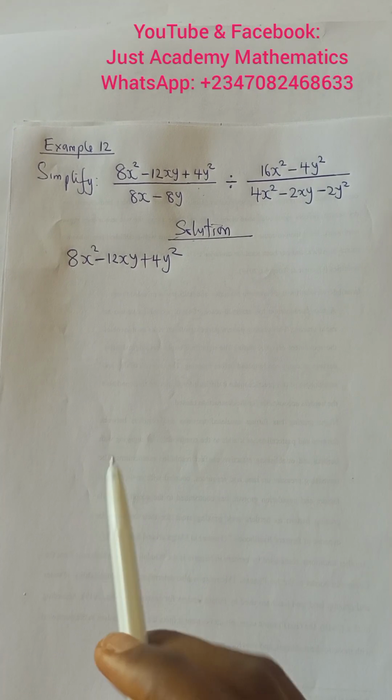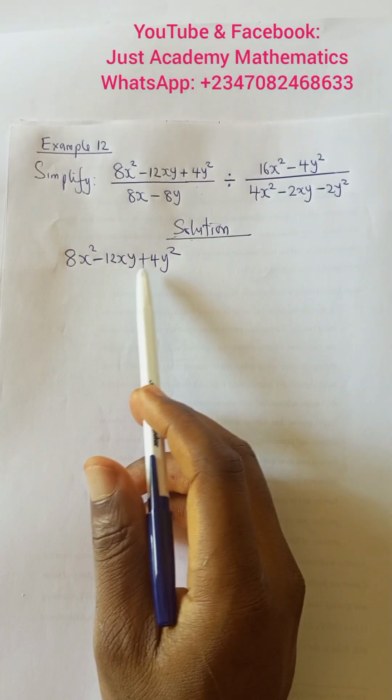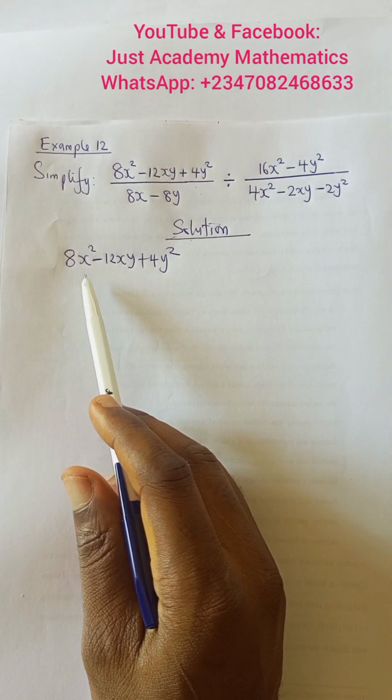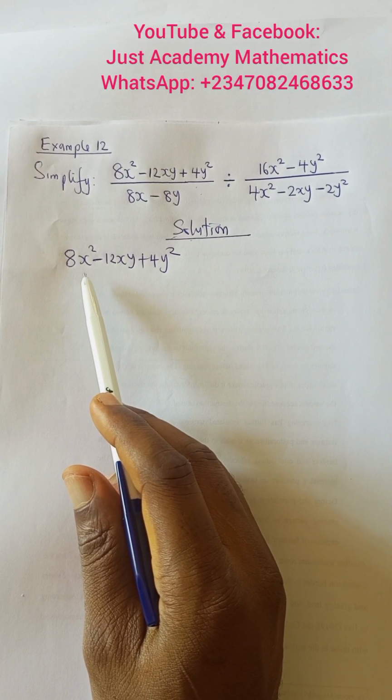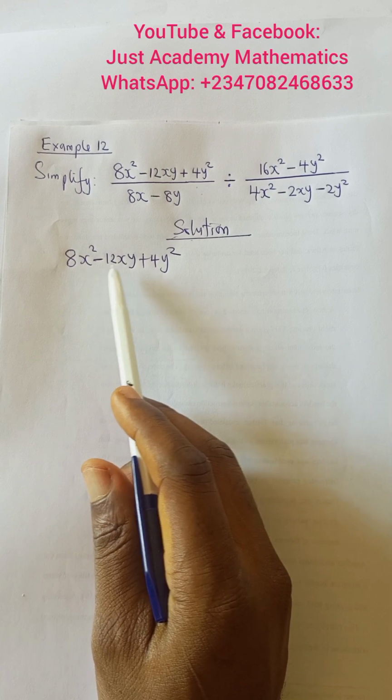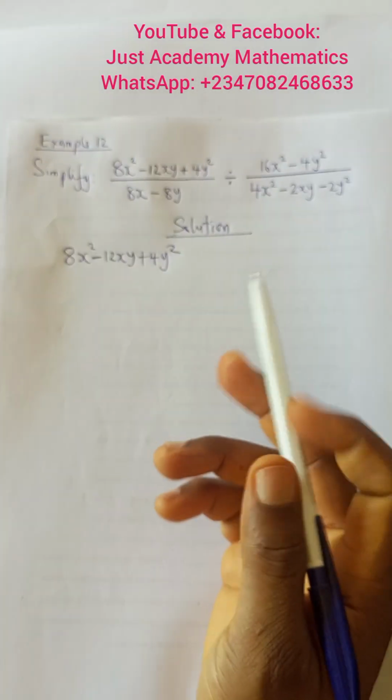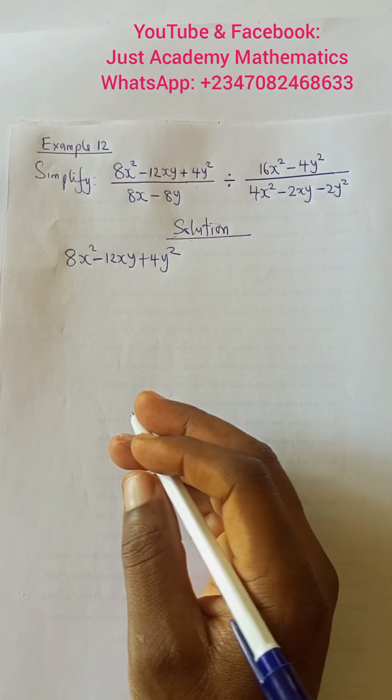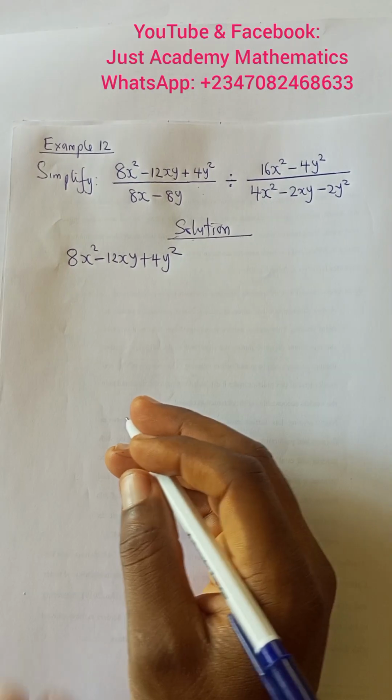You know how to do it anyway. We've passed that level, so I don't need to be showing it again. But I know that 4 and 8 should work. Minus 4 minus 8 is minus 12. Minus 4 times minus 8 should give us 32.